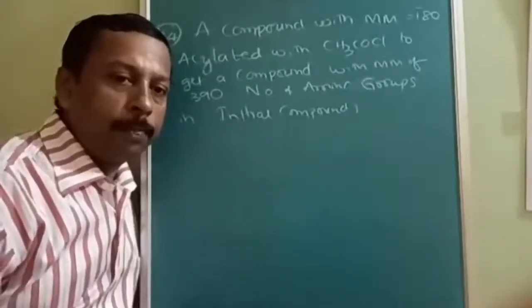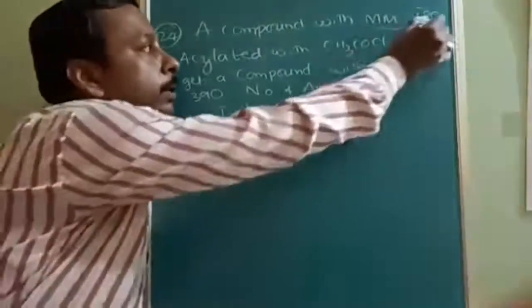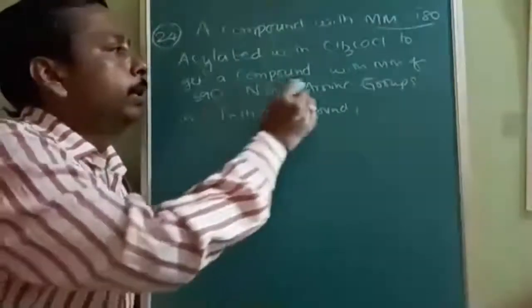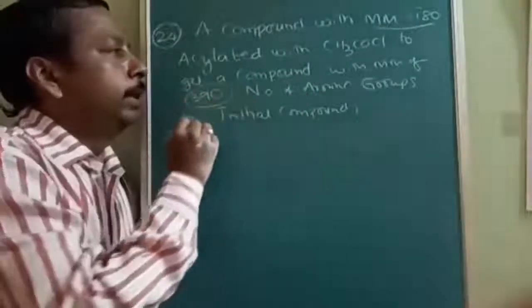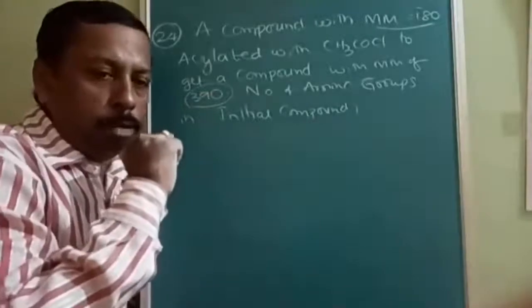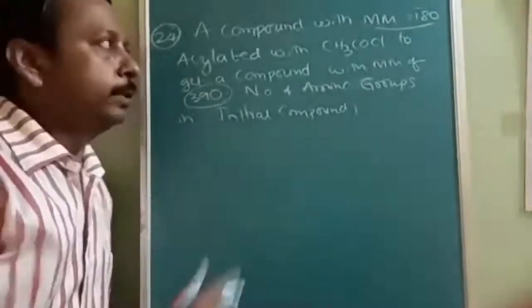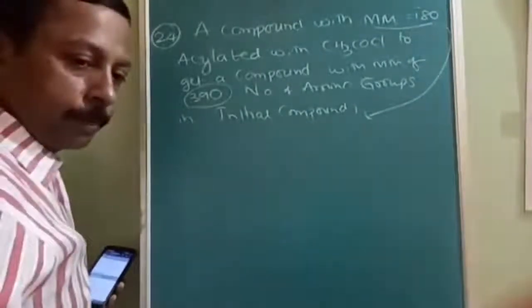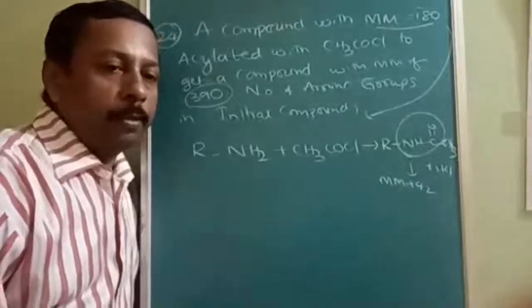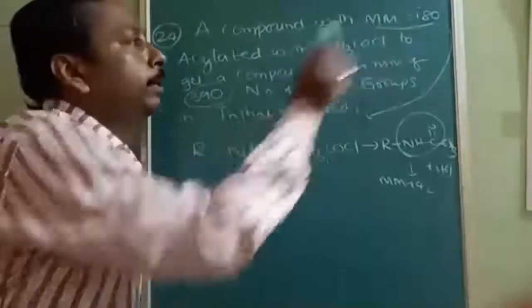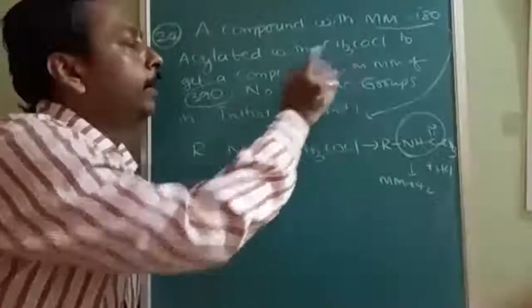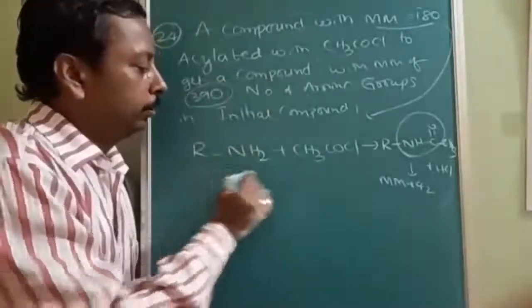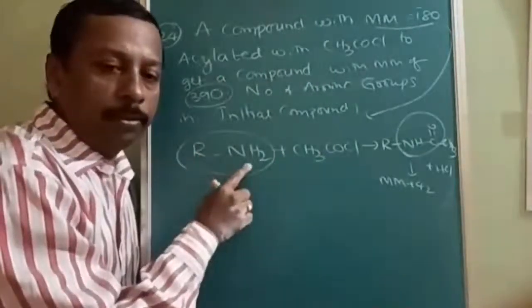Here, a compound with molecular mass 180 is acylated with CH3COCl to get a compound with molecular mass of 390. Find the number of amino groups present in this compound. Is the question understood? The molecular mass initially is 180. After acetylation with CH3COCl, suppose I take only one amine.